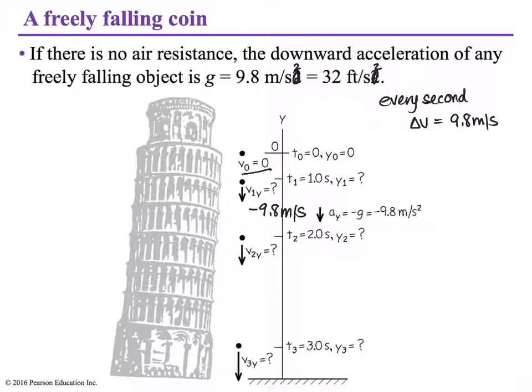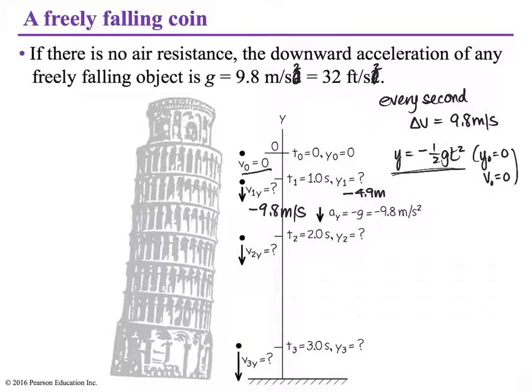For the y position, I'm going to use y equals minus 1/2 g t squared, because y naught is 0 and v naught is 0. If t equals 1, we have 9.8 times 1 squared divided by 2, and this is negative, so minus 4.9 meters is its location.